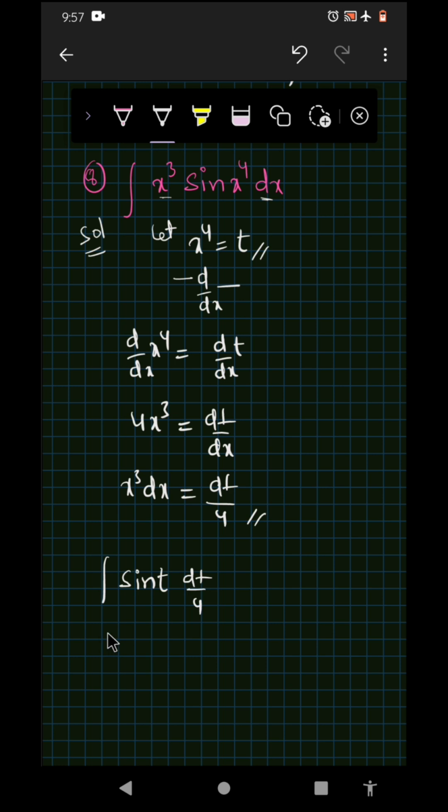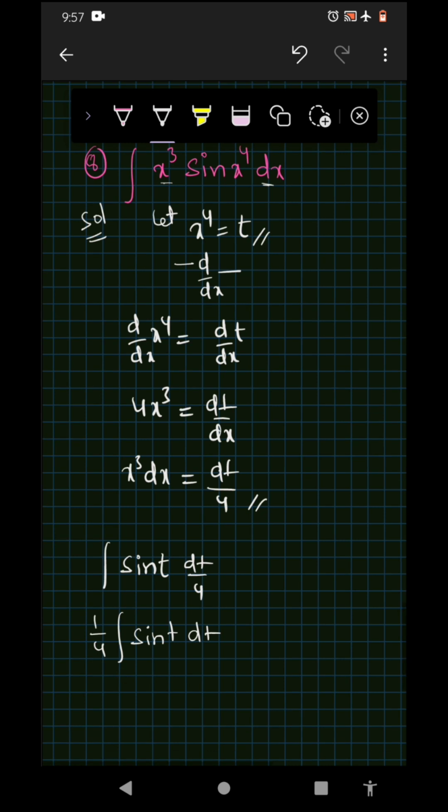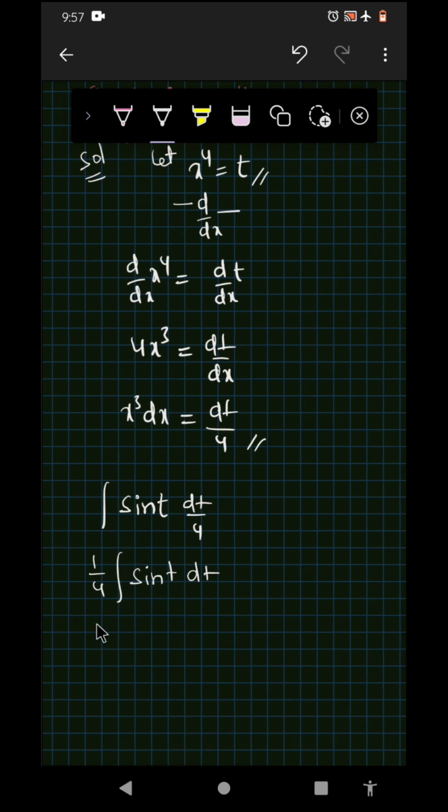So now take the 1 by 4 outside. We get that here 1 by 4 integration of sin t dt. So now 1 by 4 integration of sine, that is the minus cos, minus cos t plus c.